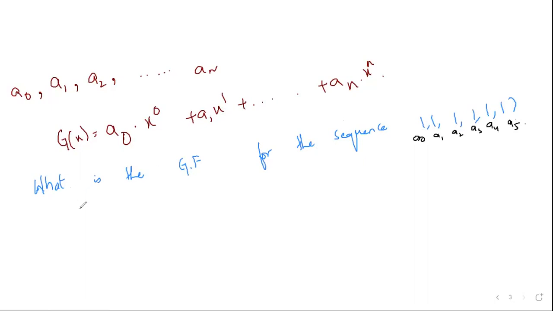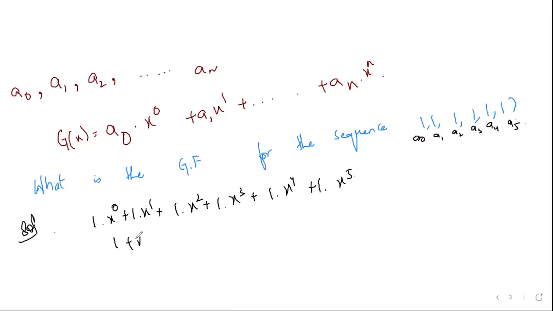Now for this, we will be multiplying a0 with x power 0, and the solution can be written as 1 into x power 0 plus 1 into x power 1, 1 into x square, 1 into x cube, this way for all the 6 terms. So this can be written as 1 plus x plus x square plus x cube plus x power 4 plus x power 5.